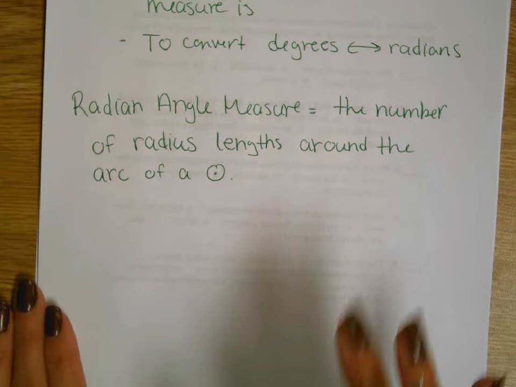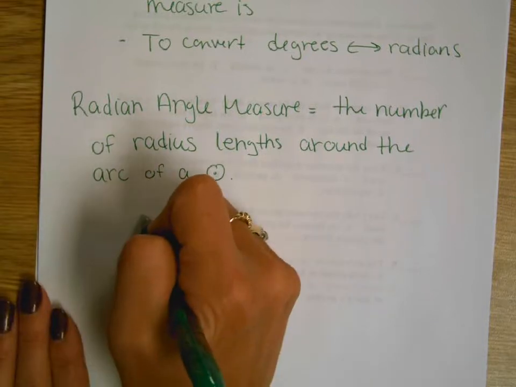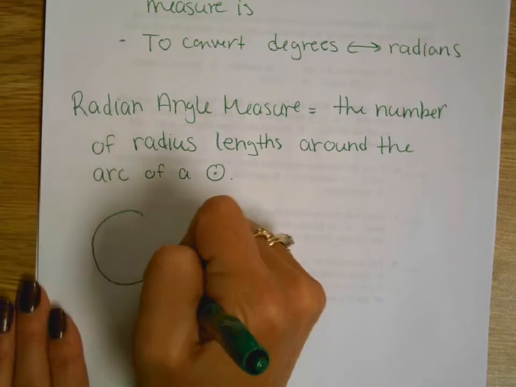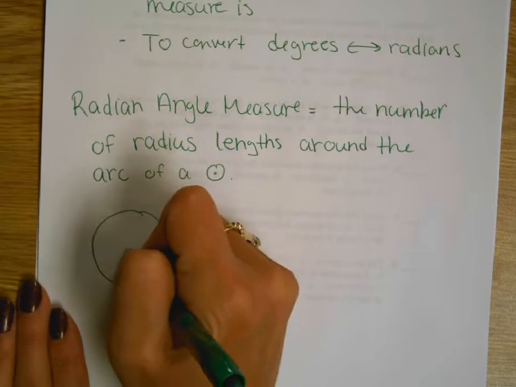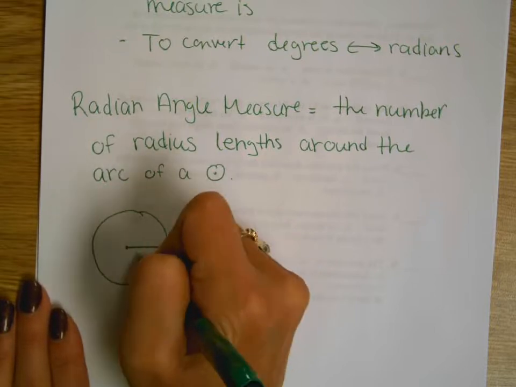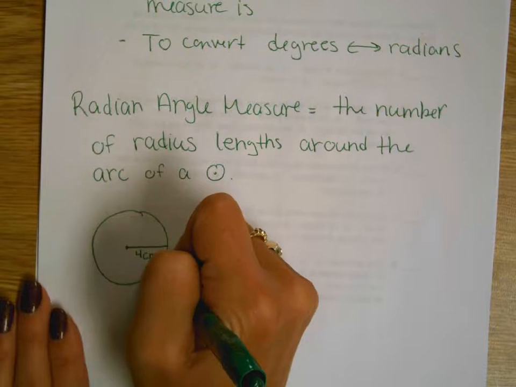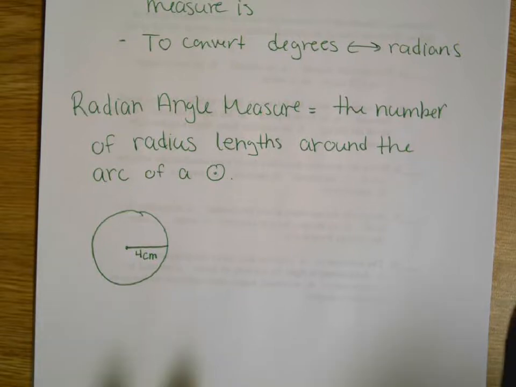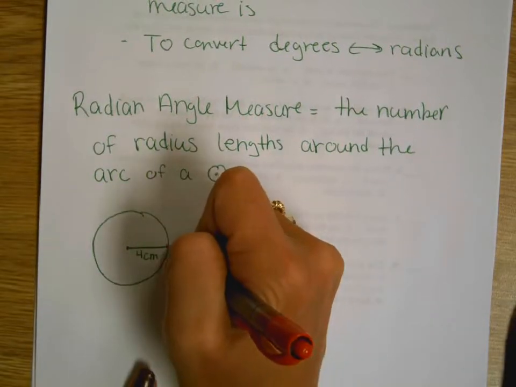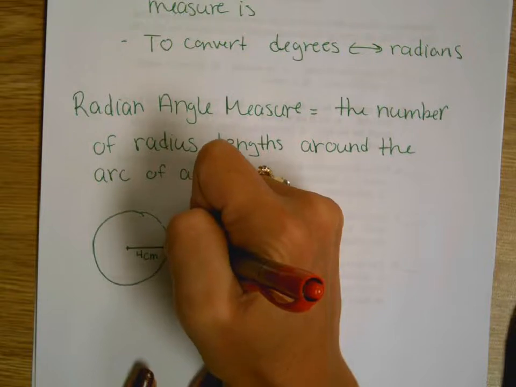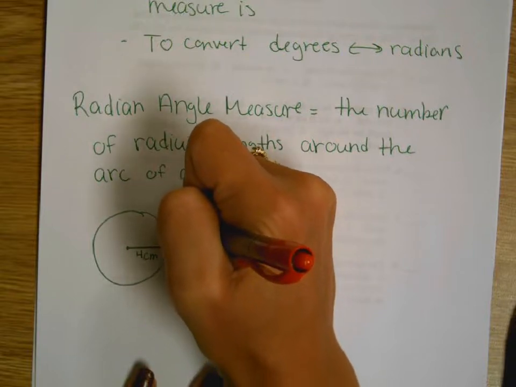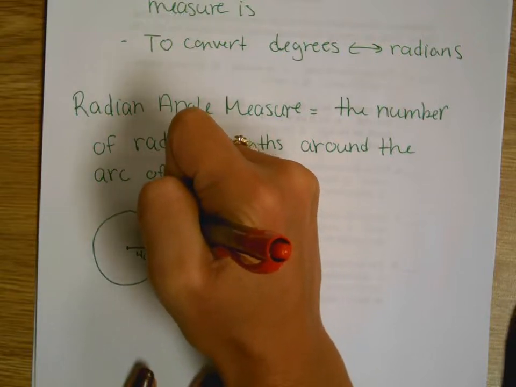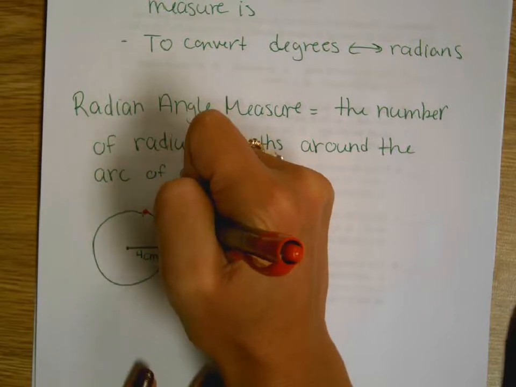So let me draw a few pictures to explain what that is. Let's say we had a circle whose radius was 4 centimeters. So if we were to mark off on the curve a distance of 4 centimeters, so I make this arc exactly 4 centimeters long, just estimating.